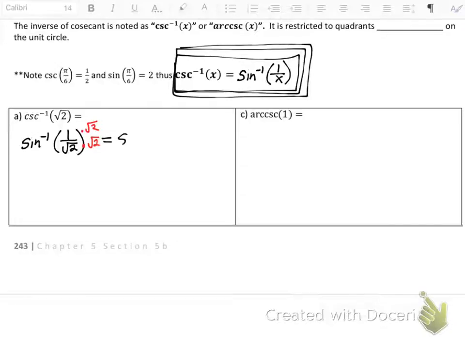And that's just going to equal sine inverse of square root of 2 over 2. Well, square root of 2 over 2 is in our first quadrant. It's that second tick mark. And so we are going to have pi over 4.